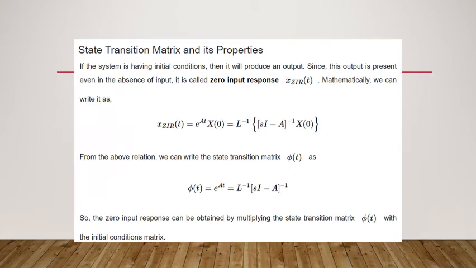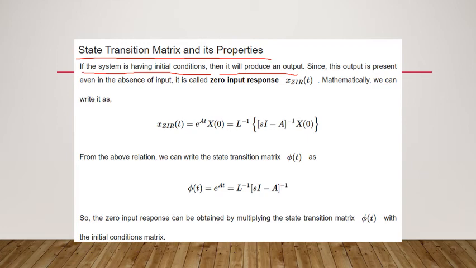Next, we come on to the topic state transition matrix and its properties. Let's understand this. If a system is having initial conditions, then it will produce an output. Now, what are the initial conditions? Initial conditions means at t equal to 0, what are the values of various parameters that we want to know.